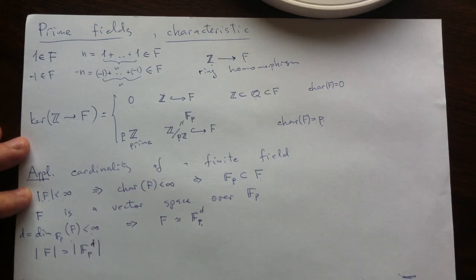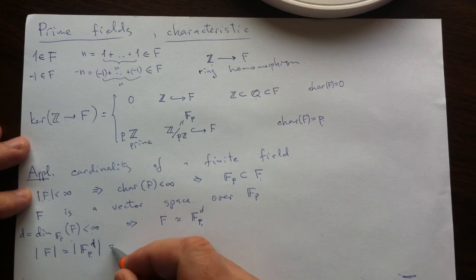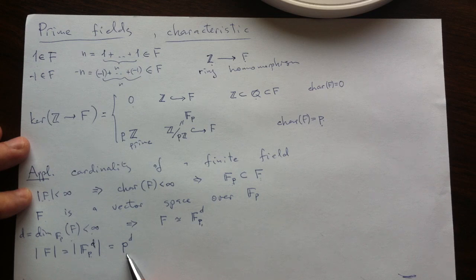And we do know how to count the number of vectors: vectors of length d with P components, P choices for each component. That is the multiplication principle, and that is the answer. Here's the conclusion: the cardinality of a finite field can be only a power of a prime. There is no field of 6 elements in particular.